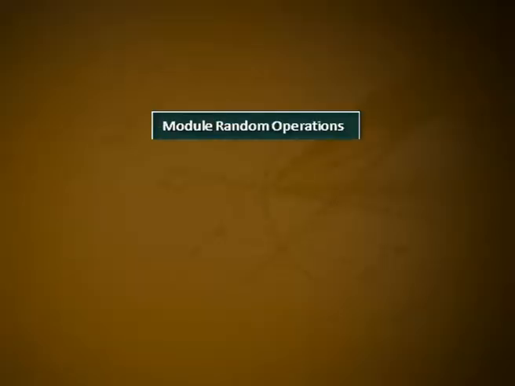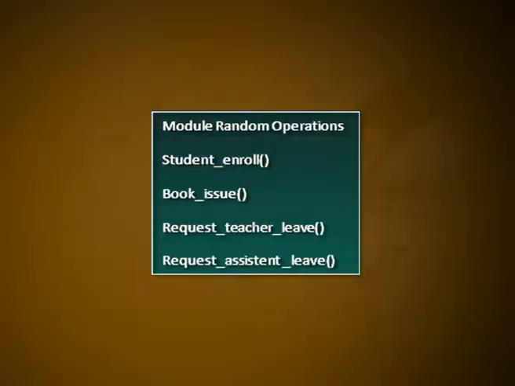Coincidental cohesion. A module is said to have coincidental cohesion if it performs a set of tasks that relate to each other very loosely. For example, consider the given module in which the functions of the module carry out different and unrelated activities like student enroll, book issue, request teacher leave, request assistant leave, etc. That is module random operations: student enroll, book issue, request teacher leave, request assistant leave.